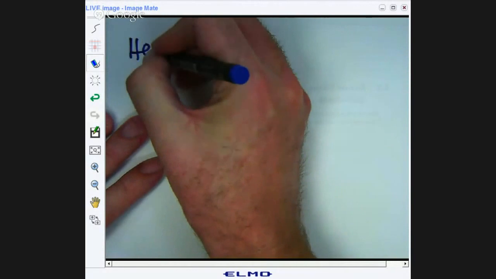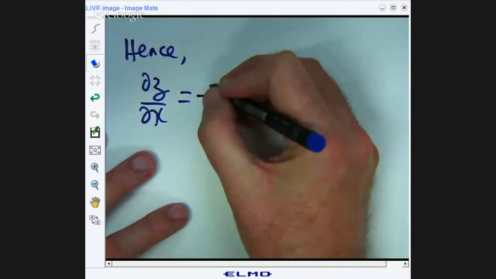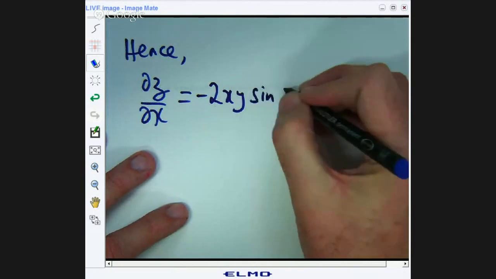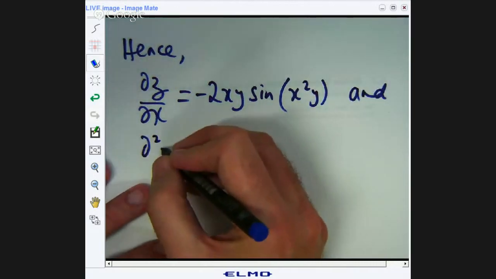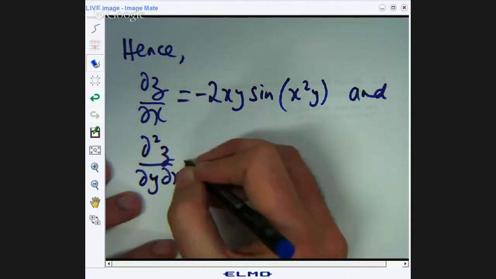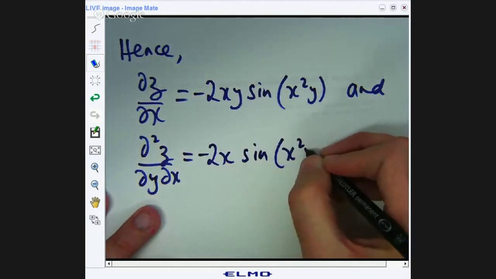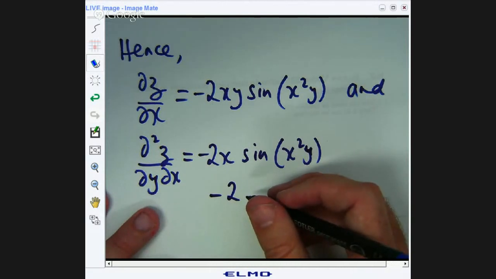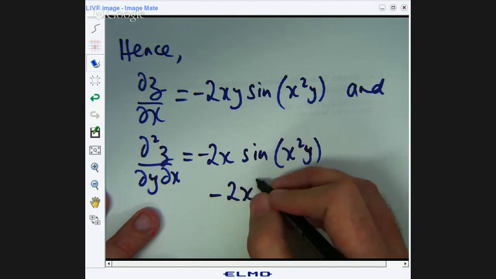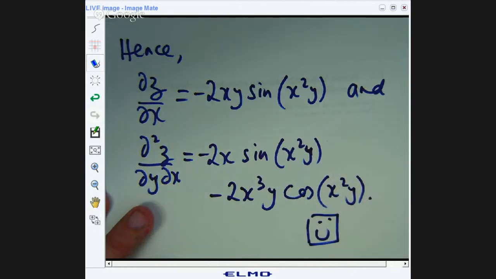So let's actually write that down. Okay, there we go. There you have it.